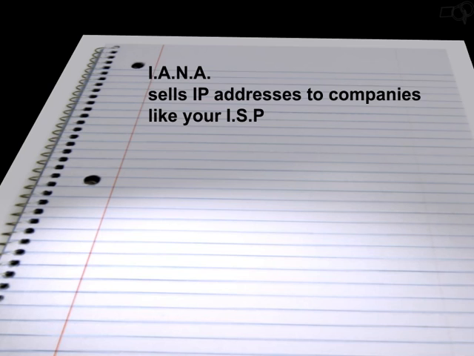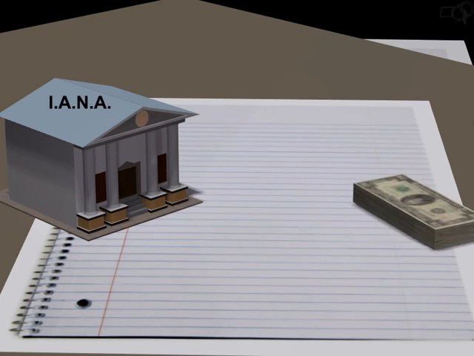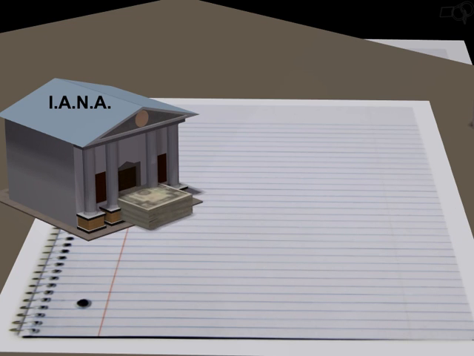Now, of all of the internet-ready IP addresses, in other words, those that are sold by IANA, your ISP, or Internet Service Provider, has purchased a stack of IP addresses that are internet ready. What they do is they lease those addresses out as people require them.